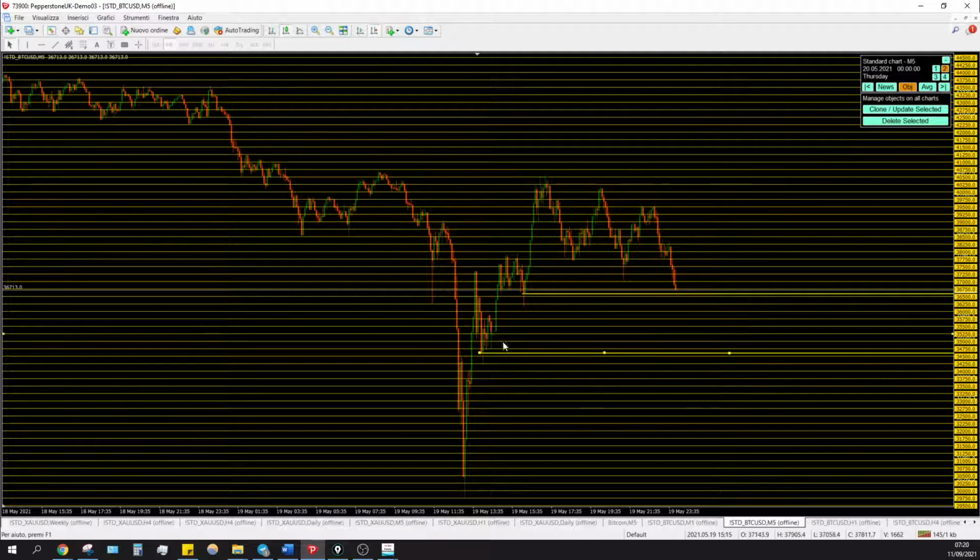Of course, buys are going to take only above this previous PSA, or risk reward above this one, and safer above this previous PSA. So let me clone.